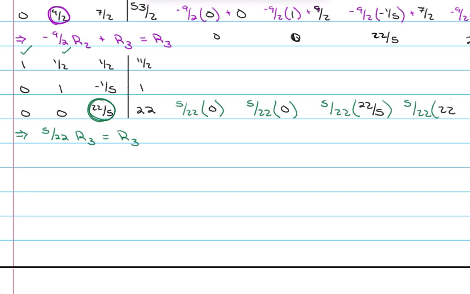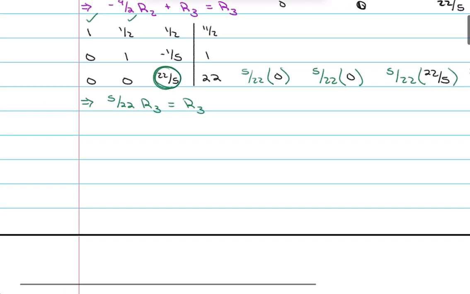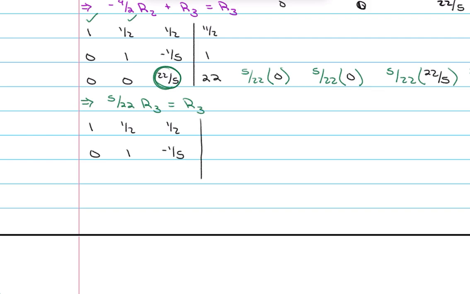Okay. So first two rows stay the same, just like they have been. So I will get 1, 0, 1/2, 1, 1/2, negative 1/5, bar 11 halves, 1.